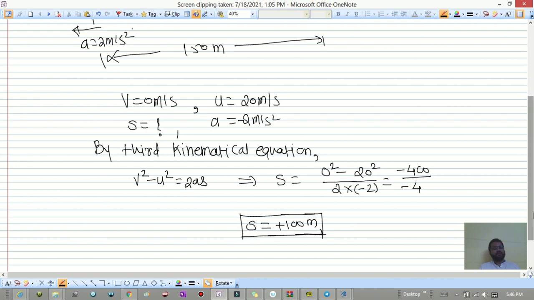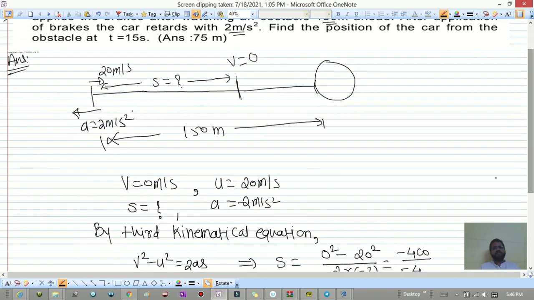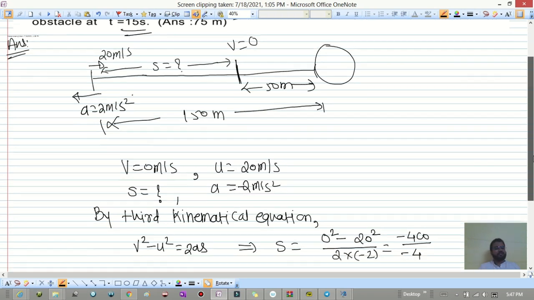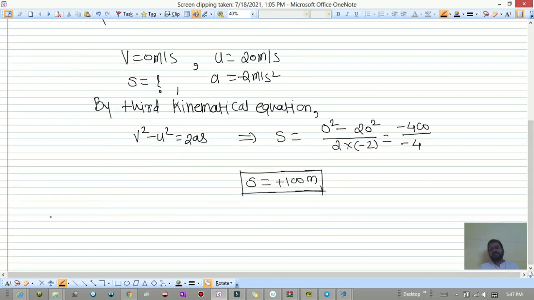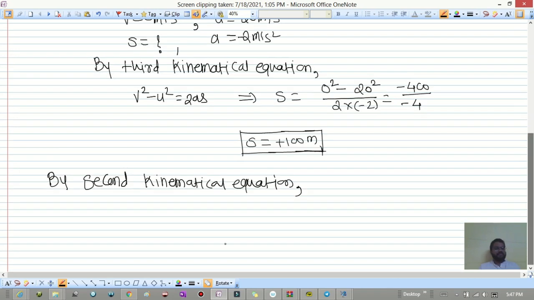Okay, before this stone, at a distance of 50 meter, the car will stop. But we want the displacement at t equals 15 seconds. So we'll calculate by the second kinematical equation, and that is s is equal to ut plus half at squared.